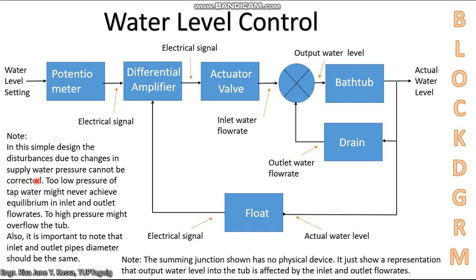So from our previous discussion, from our previous video, that it's a disturbance. Now, if there is too much low pressure of the top water, we might not achieve equilibrium in the inlet and outlet flow rates, while too high pressure from the top water might overflow the tub.